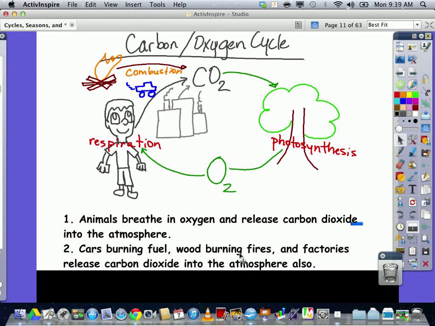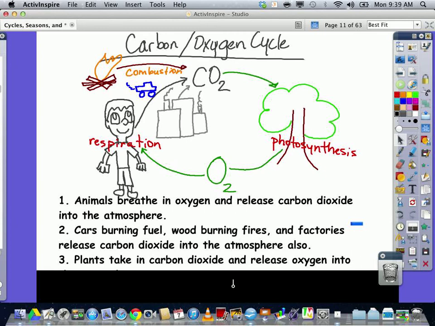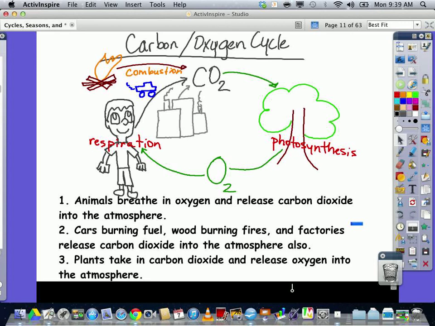So the third step in this process would be plants take in the carbon dioxide from the atmosphere, and then as they photosynthesize, as they make their own food, they use up that carbon dioxide and they release oxygen back into the atmosphere.